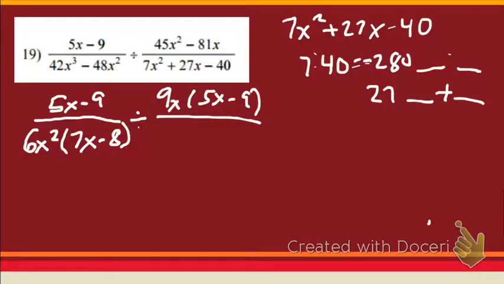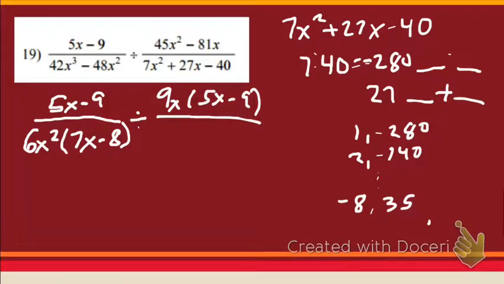If you start listing all the numbers that multiply to negative 280, you might get 1 and negative 280, 2 and negative 140. I paused and cheated, and I found that negative 8 and 35 would do it. Negative 8 times 35 is negative 280, and negative 8 plus 35 is 27.